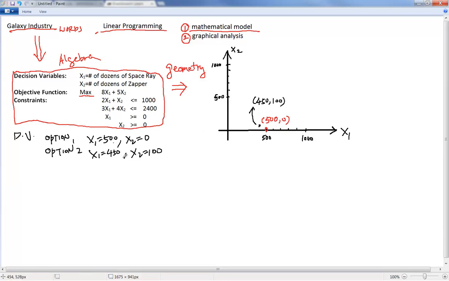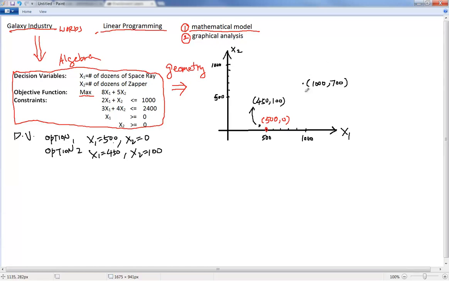So now if I ask you, what is the meaning of this point? So let's say the coordinate of this point is 1000 for x1 and 700 for x2.